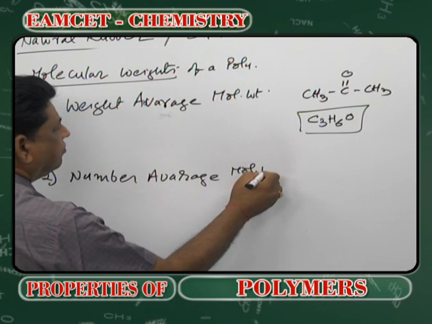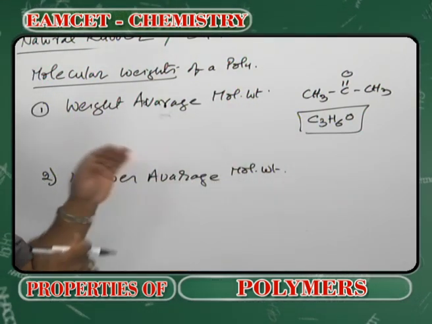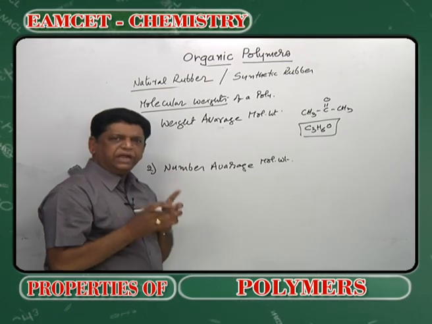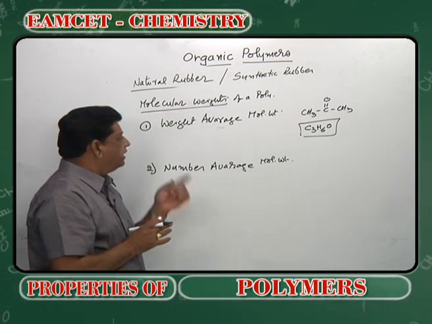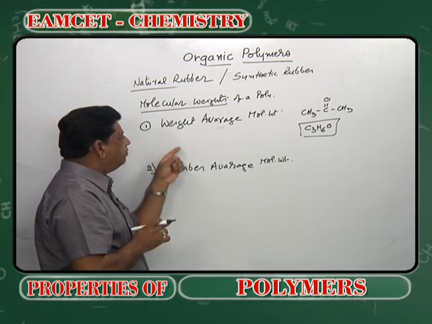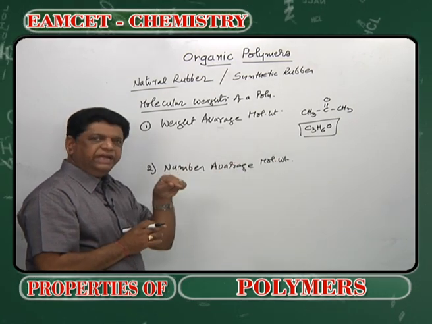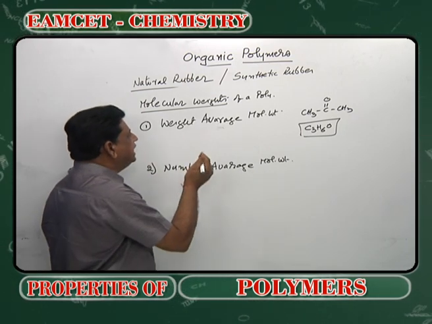There are two methods of weight. If you take, for example, a given polymer, how many molecules contain, let us say, 1000 AMU weight, that many numbers, divided by that many weights. All the weights of the polymers will be added, each weight containing how many molecules, total of that divided by the total number of molecules, you will get the average.